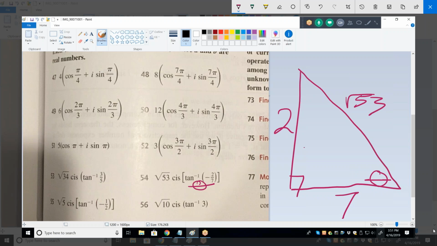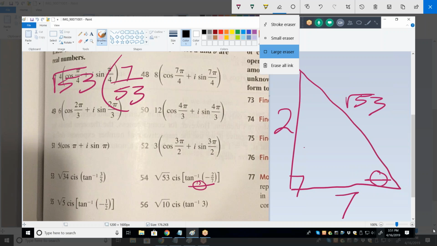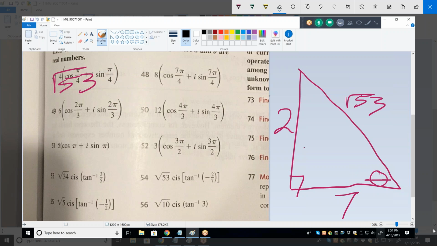So here's what we have: root 53 times, what is the cosine of that angle? 7 over root 53. And the sine is... hold on a second, I have to back up here. Which quadrant is this in? Either the second or fourth.